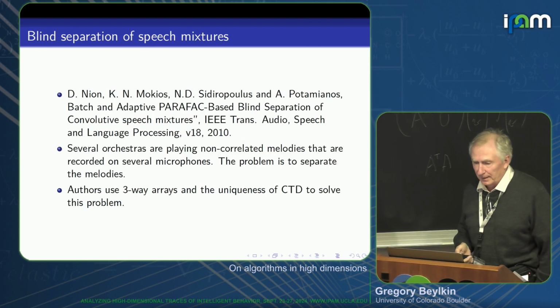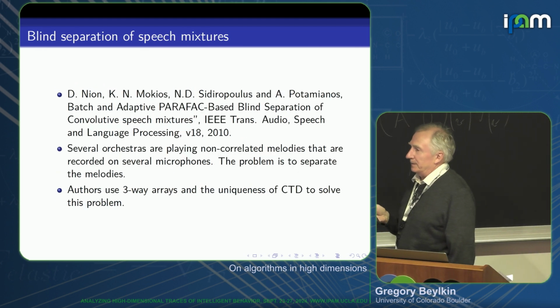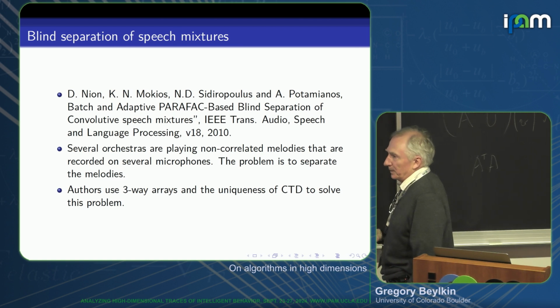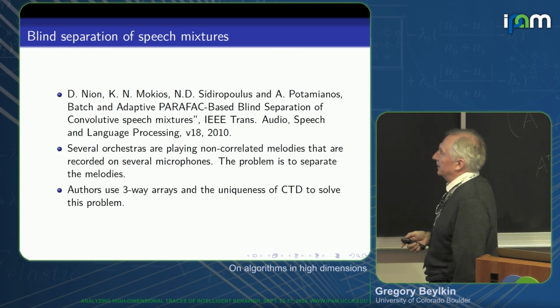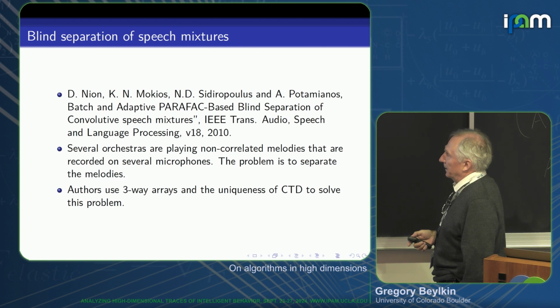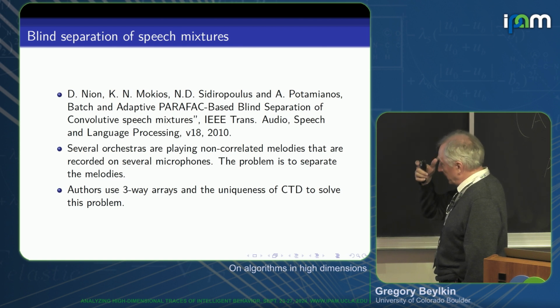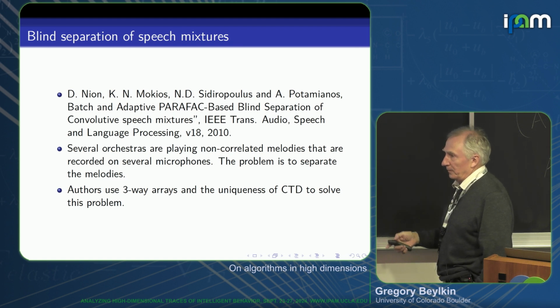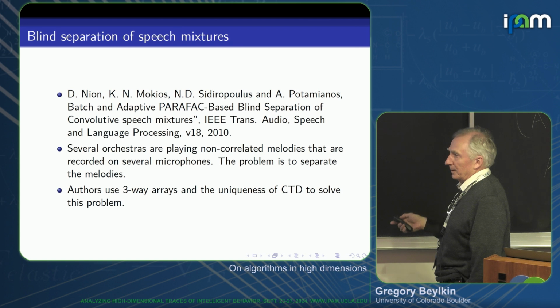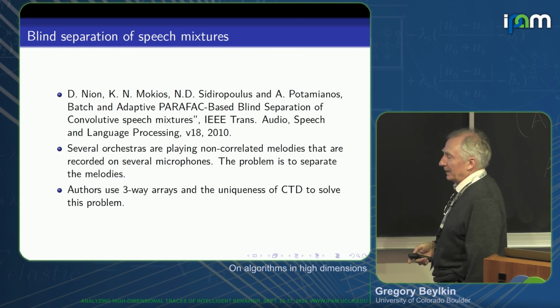Now I want to explain. I mentioned these things about SVD and about three-way arrays in order to mention this paper. I learned about this result in 2012 during a SIAM meeting. The problem is the following. You have several orchestras playing different uncorrelated, quote-unquote, melodies, and you have some microphones.